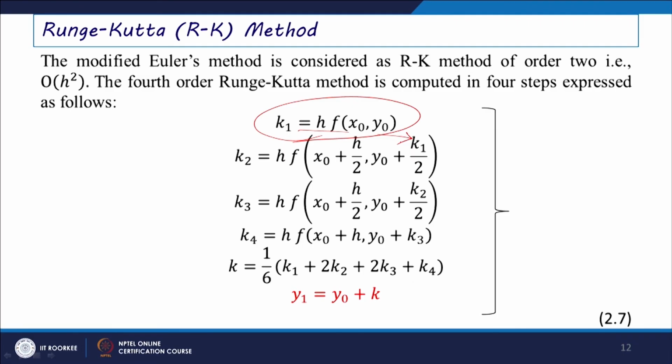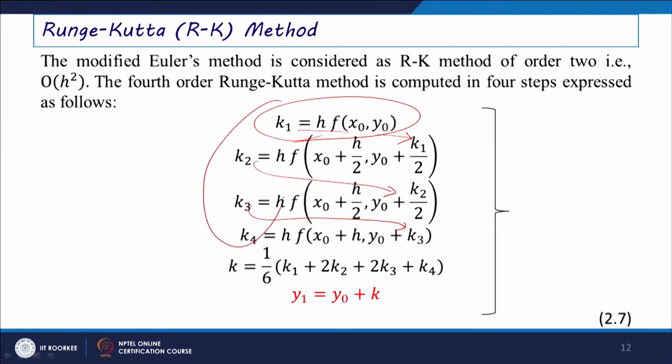Then again we take an improvement of the k2 term in the next term, and again the next improvement of the previous term. If we take the combination of all the terms, we obtain the final improvement, which is added to the initial condition to get the final solution of this problem.